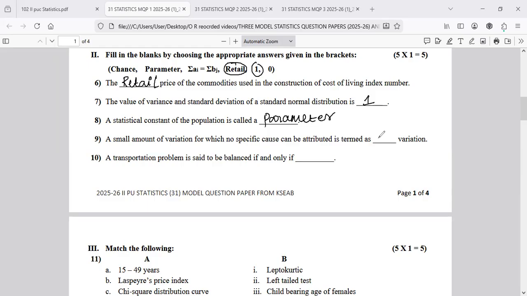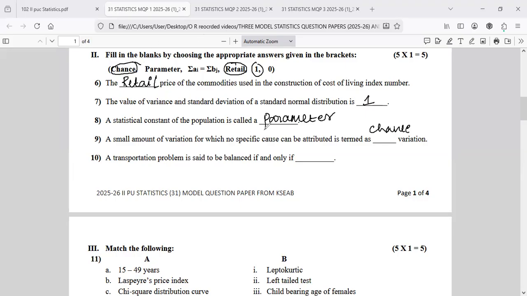There are two types of causes of variation: chance causes and assignable causes. Here there is a small amount of variation, so the answer is chance causes.